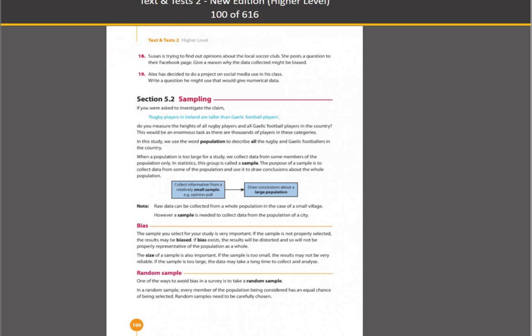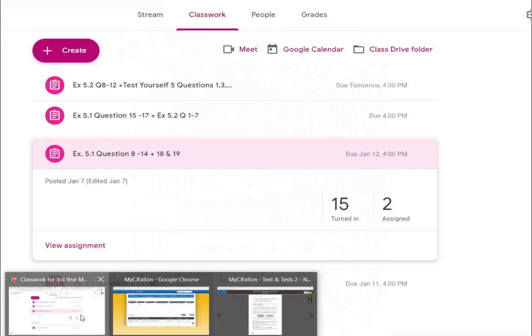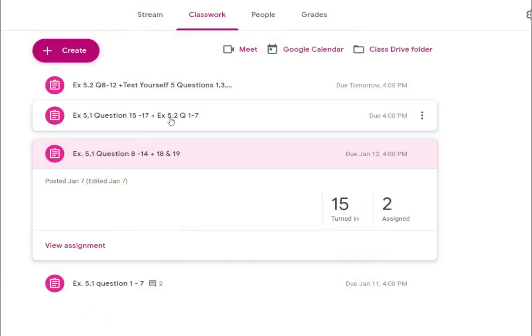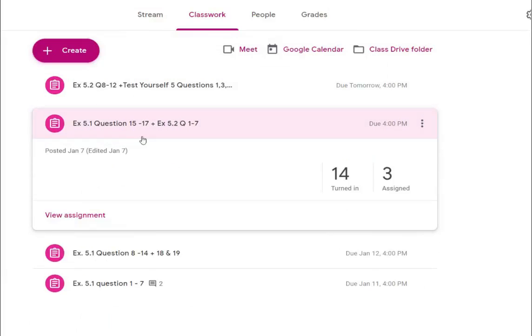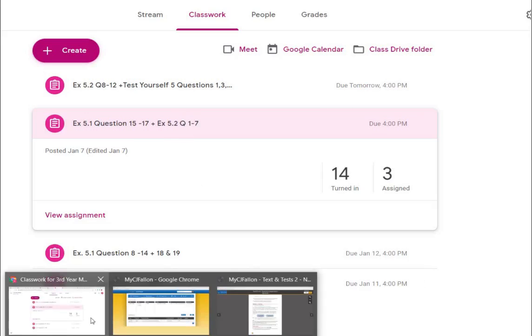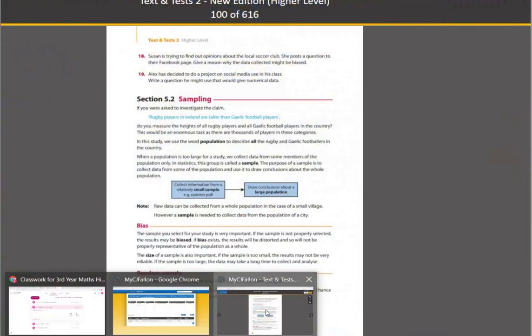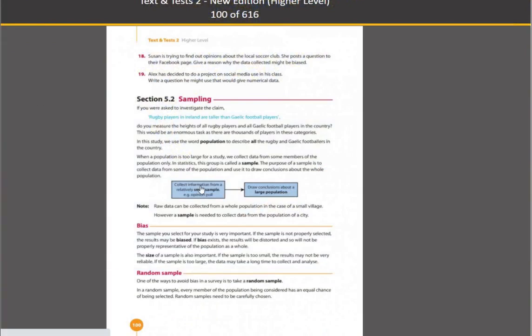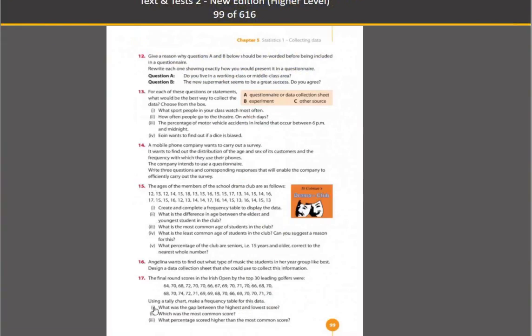All right, so that was the first and second section of the homework. We then have a look at questions 15 to 17, and then move on to exercise 5.2. So we'll go back here to 15 to 17.